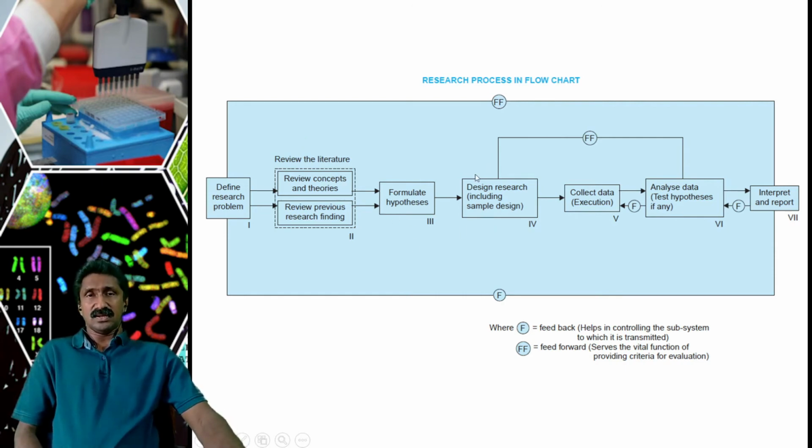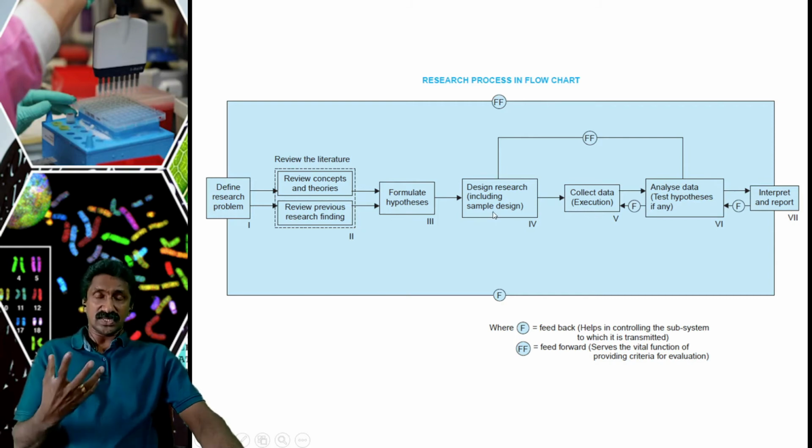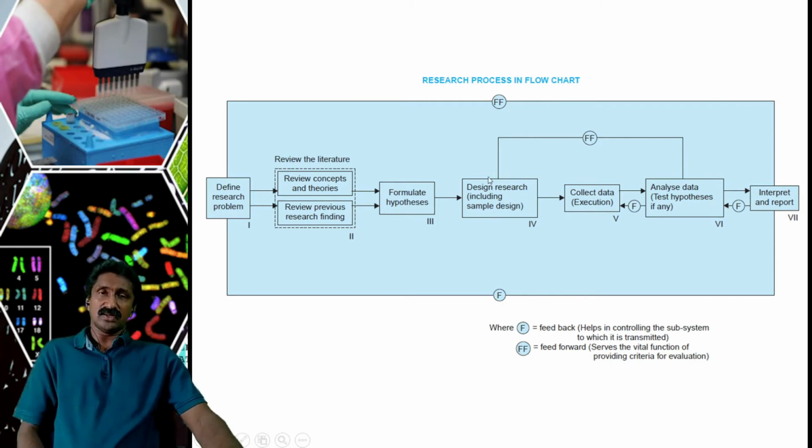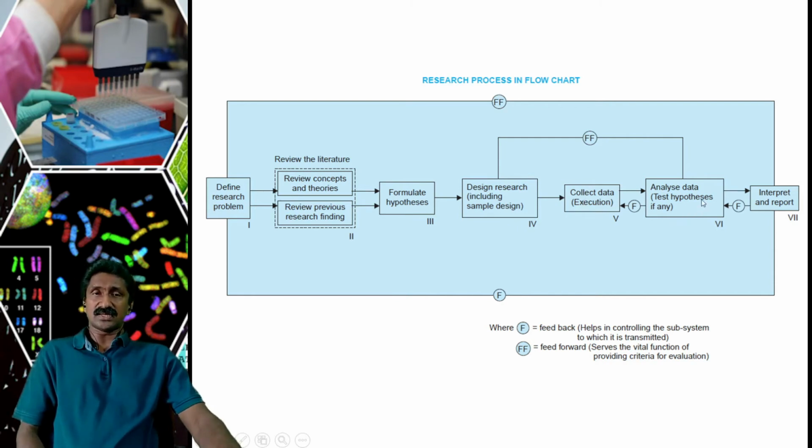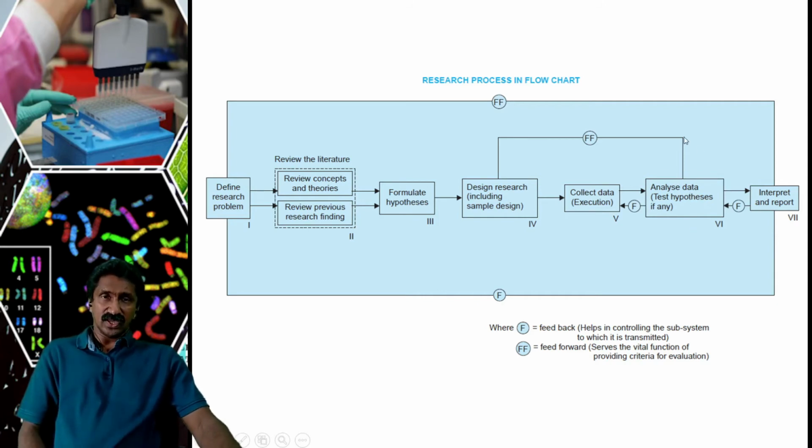Then you design the experimental part, including sample design, etc. Then you collect data or execute the experiments, analyze the data, and test the hypothesis to see whether it is true or false.